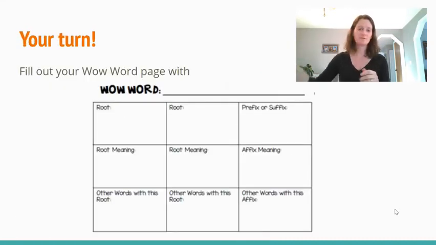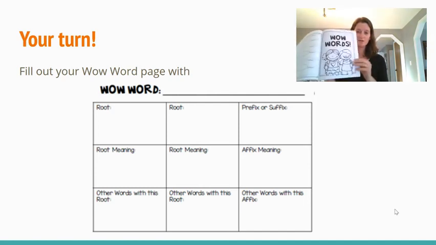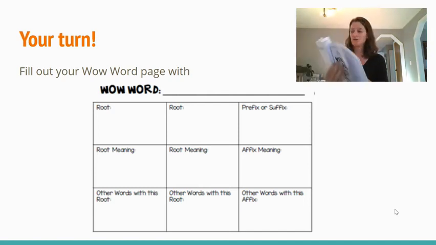So in your vocabulary journal, right in the middle, you have your wow word section. And you've already filled out the first 2 pages with the other words that we've had. So I want you to flip over and find the next graphic organizer ready for you to use for today.